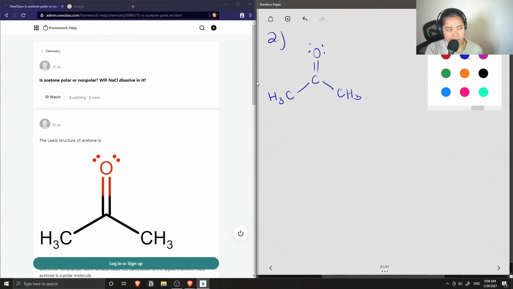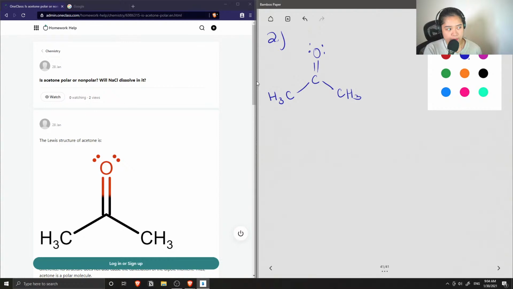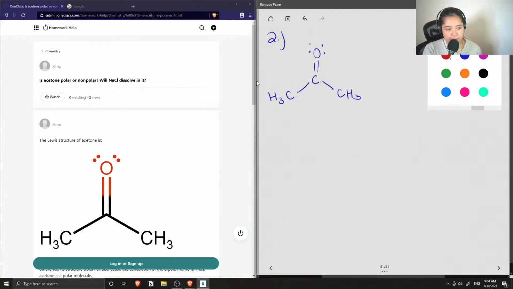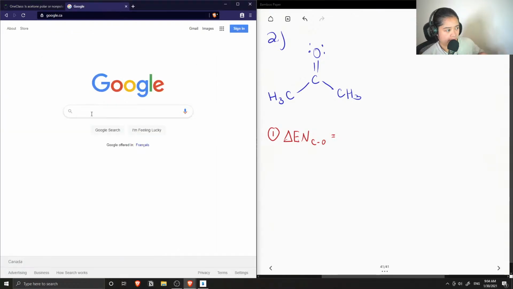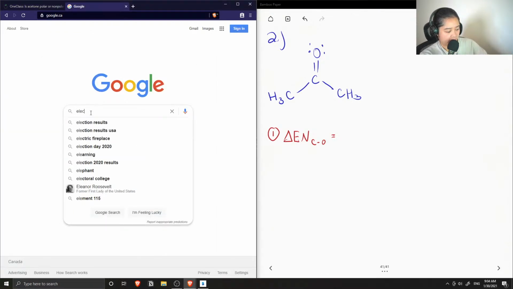So to find out whether or not acetone is polar or nonpolar, we need to calculate the electronegativity differences between carbon and oxygen and carbon and hydrogen. So first let's do carbon and oxygen and look up their electronegativity values.